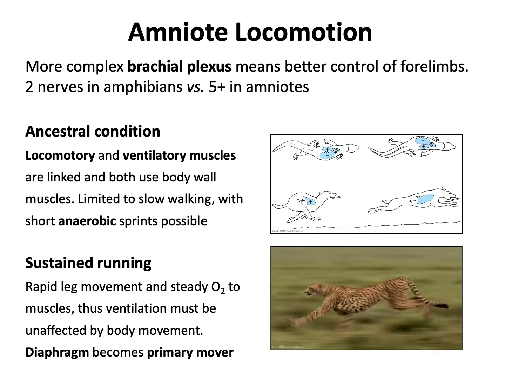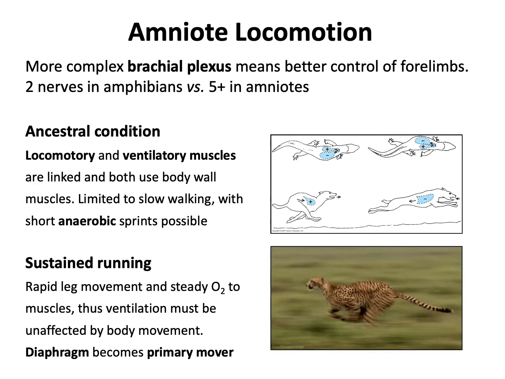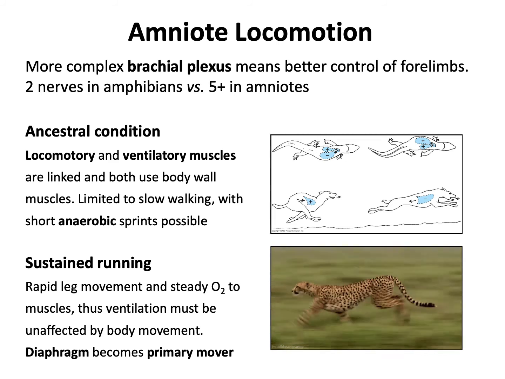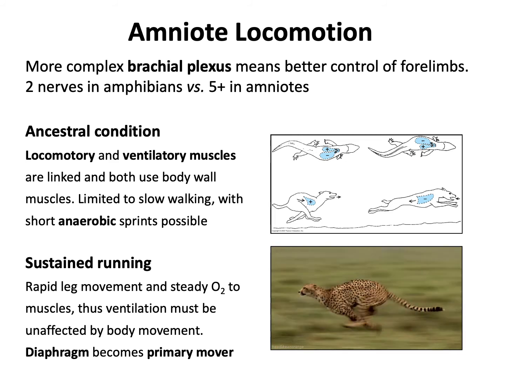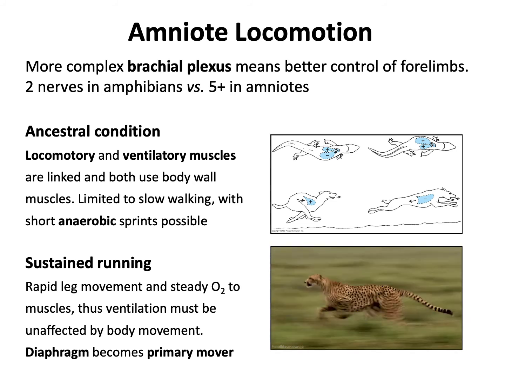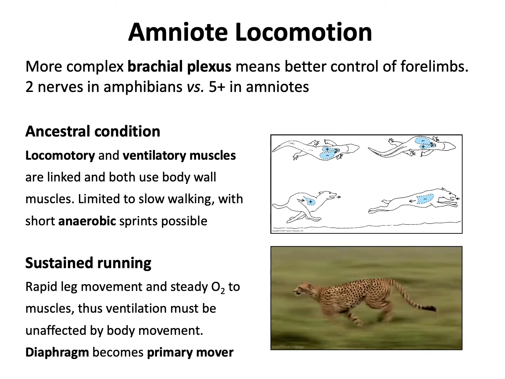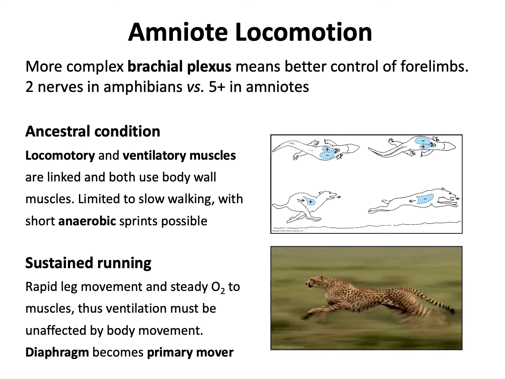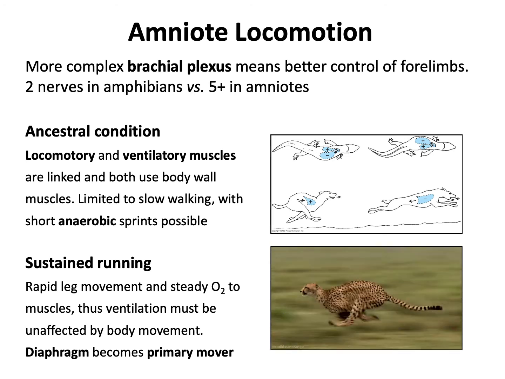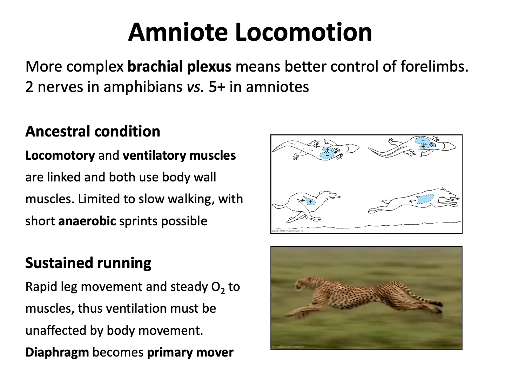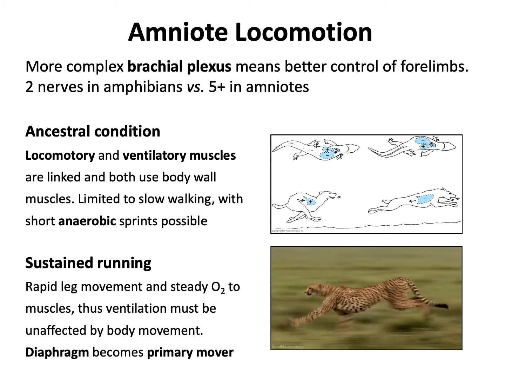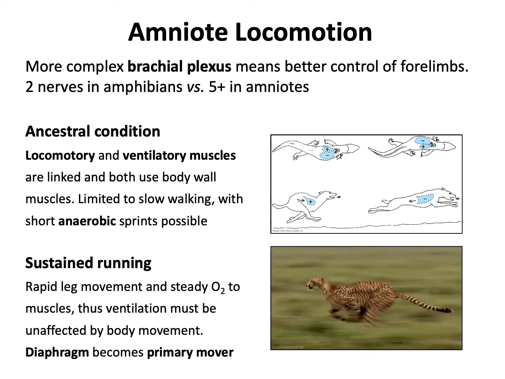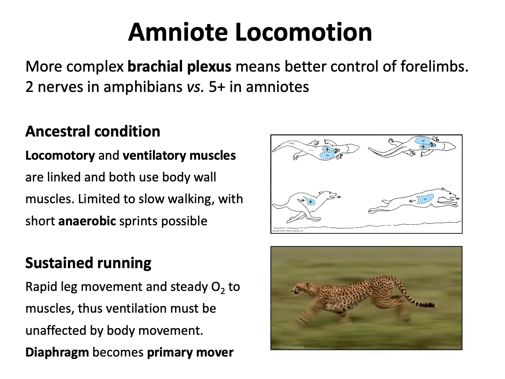So if you're going to move around your environment, you need to develop those characteristics that are going to allow you to do so. So one thing you see is the forelimbs starting to develop. If you think about a frog, those forelimbs are small and reduced, and they don't have a lot of control over them, right? And the reason for that is that there is a specialized nerve plexus, which simply means like a net of nerves, called the brachial plexus.